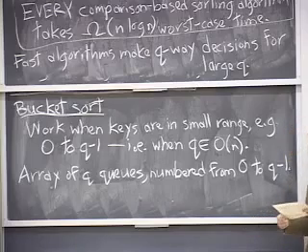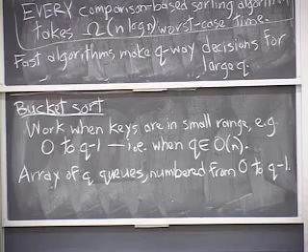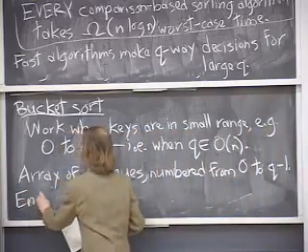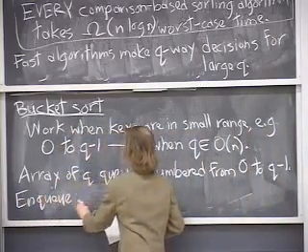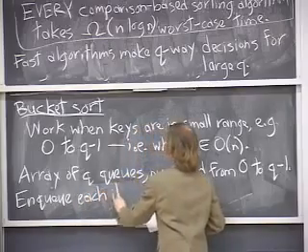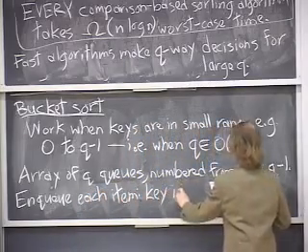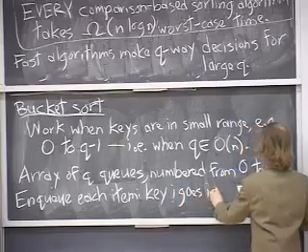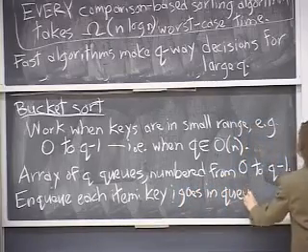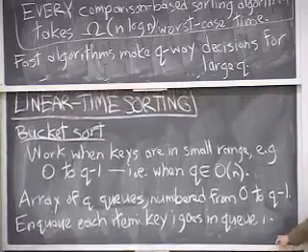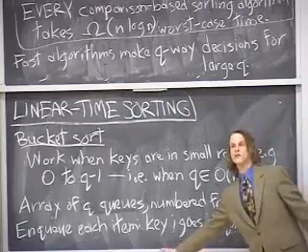Now, the algorithm works like this. We walk through the list of input items, and we enqueue each item in the appropriate queue. So key number i goes into queue number i.